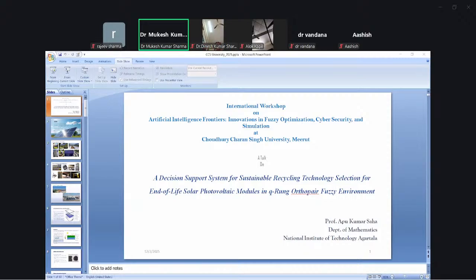Now, these are some techniques. First, organic solvent dissolution is a technique for recycling. Then organic solvent with ultrasonic irradiation. Then electrothermal heating. These are used in industry for solar photovoltaic module recycling. Then mechanical separation by hot wire cutting.